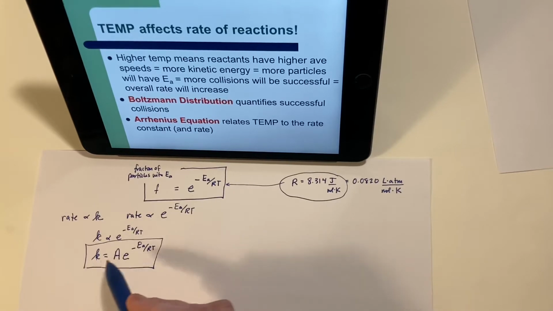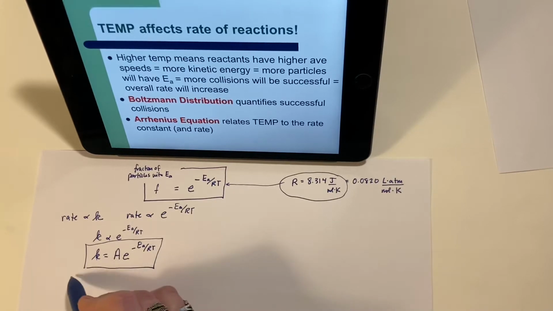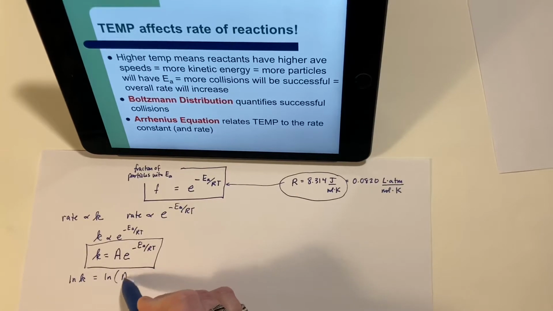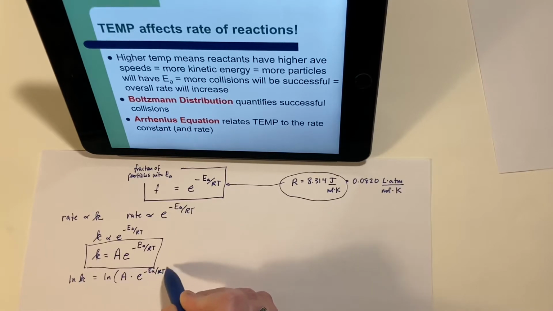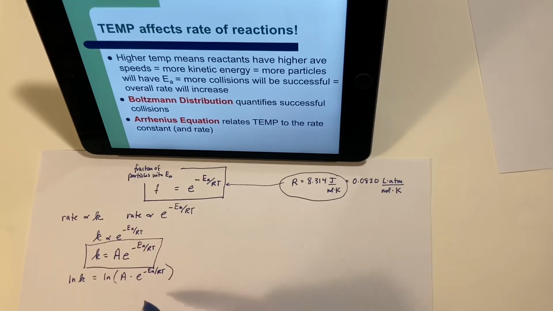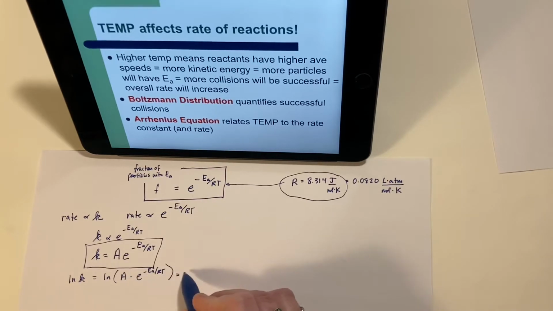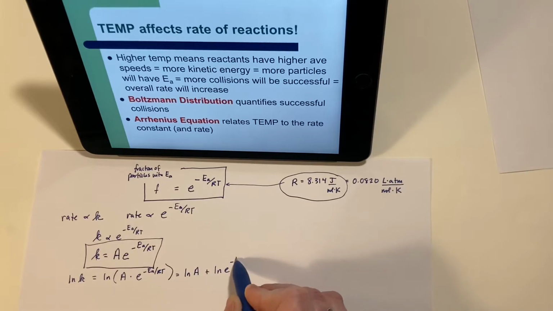So let's take the natural log of both sides of this equation. The natural log of k is equal to the natural log of A times e to the negative Ea over RT. Well, this is the natural log of a product of two things, so that's equal to the sum of the natural log of each. Why do that?